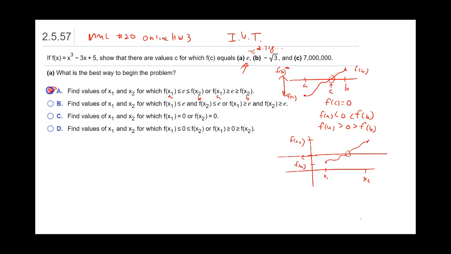And so that's why the answer to the first part is A. We're looking for E to be in between these Y values, f of A and f of B.